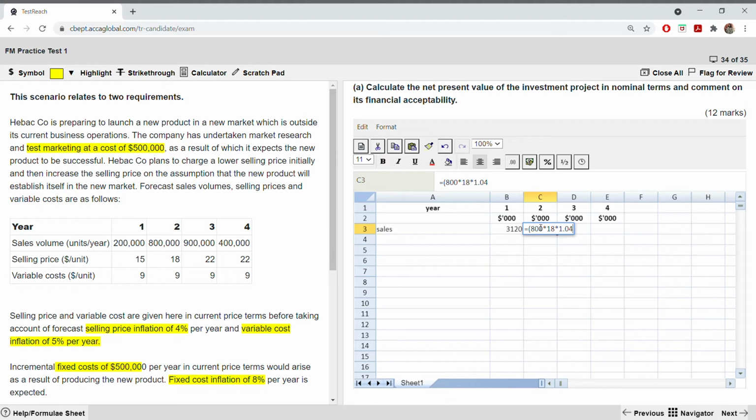So press shift and this number 6 and then 2. Enter. Enter. So just drag it. Okay.